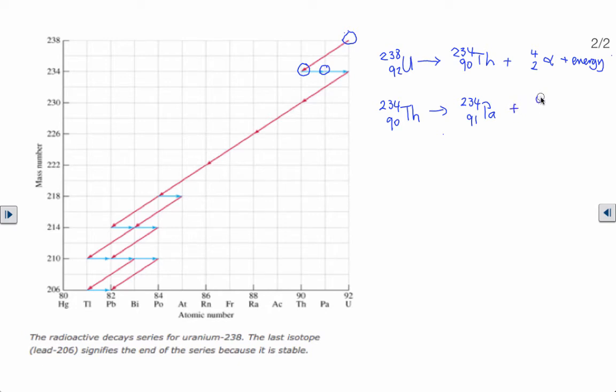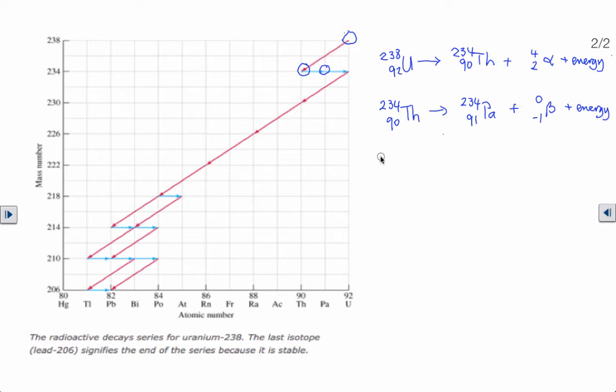So the particle that's ejected has no mass number and an atomic number of -1, because the sum on this side has to equal the total on the other side, and that is a beta particle, and of course some energy given off as well.